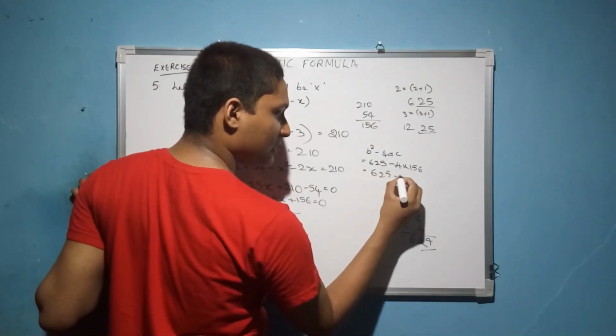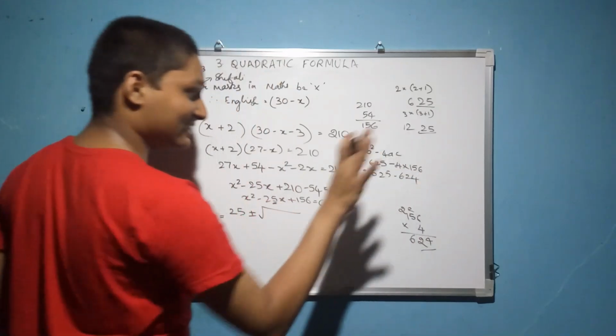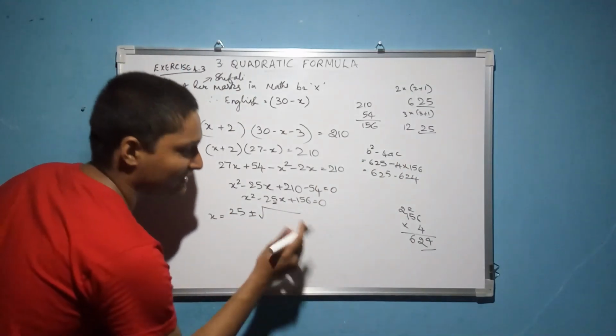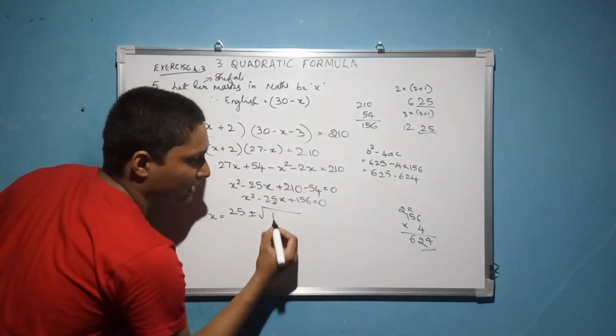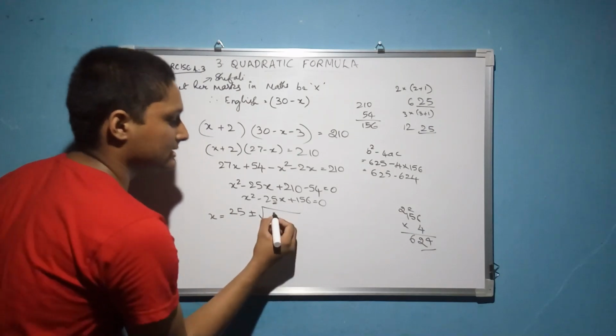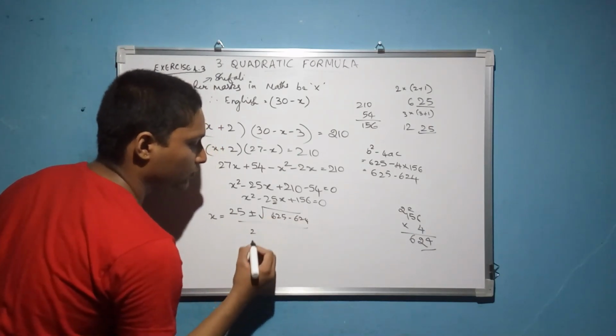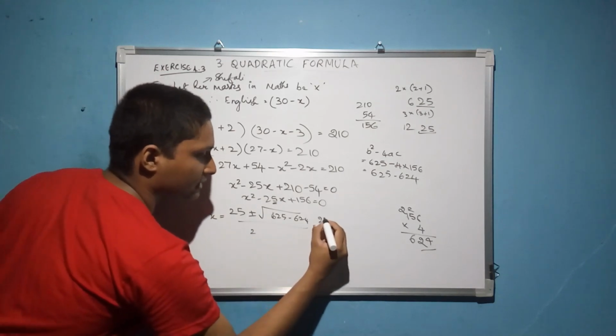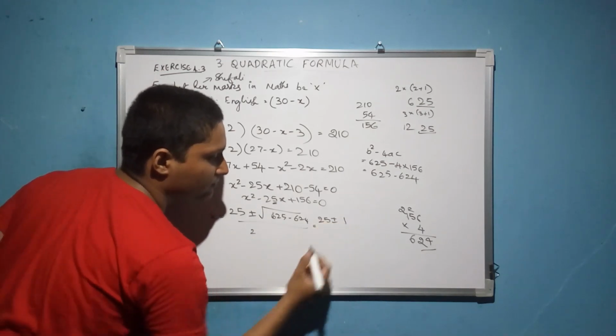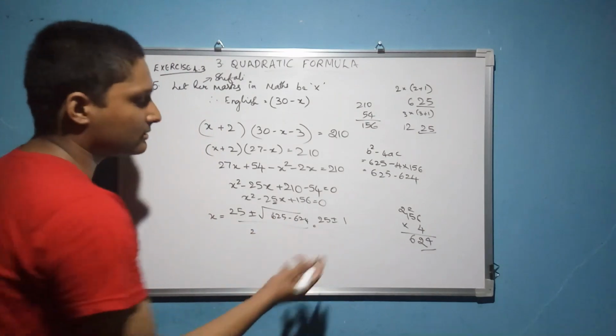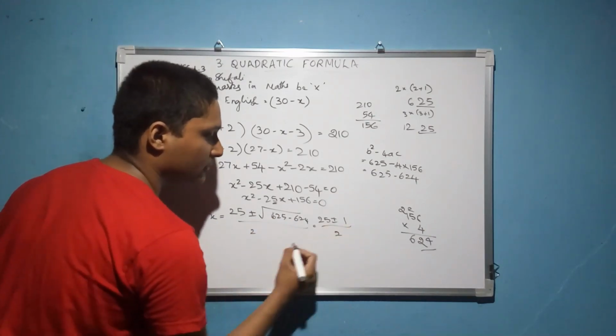So 625 minus 624 is going to be 1 inside the root, divided by 2. Therefore it is going to be 25 plus or minus root 1, and since root 1 is 1, I'll write it as 1 itself, all over 2.